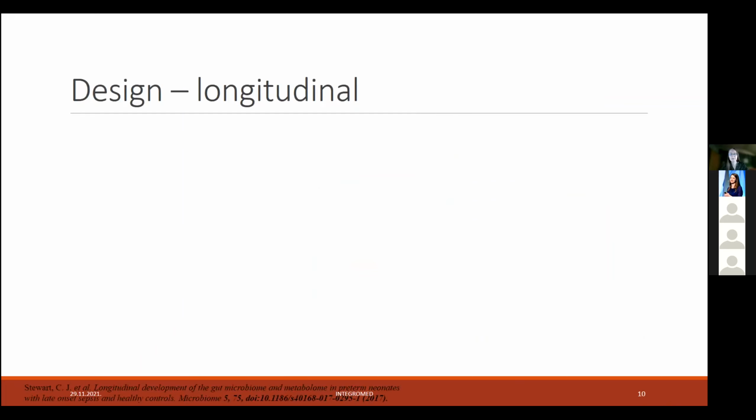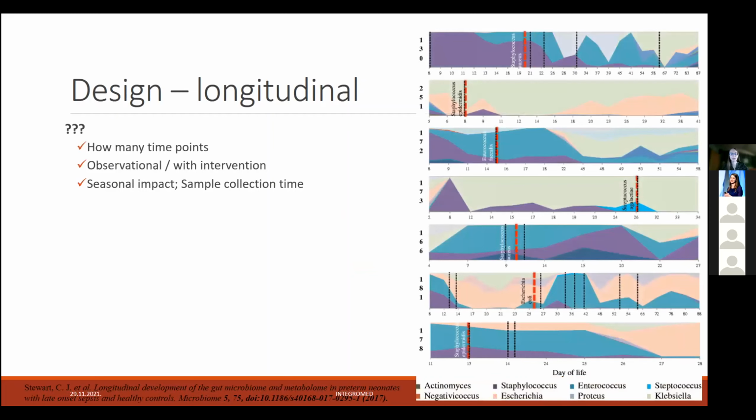So next, we will also shortly talk about longitudinal design. There are many questions within longitudinal design. How many time points would we like to analyze? Would it just be before and after, or would it be a time series?